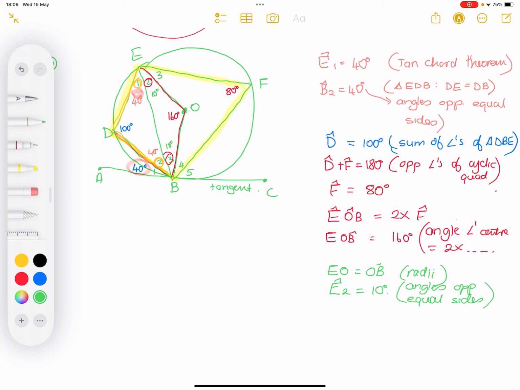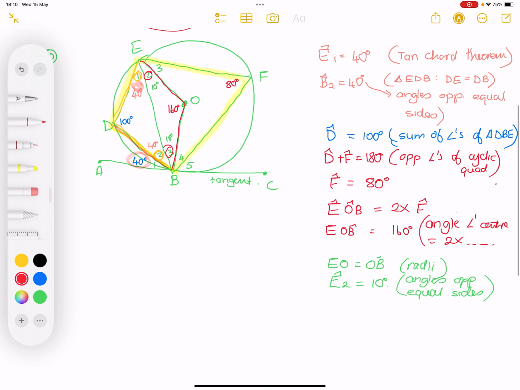Then you have angle OBC, so it's angle B4 and 5. OBC, no? Okay.